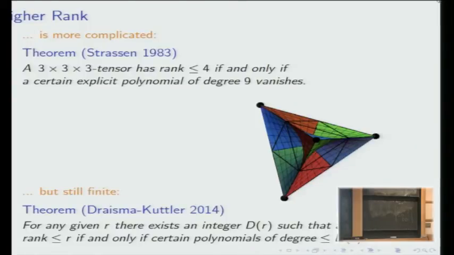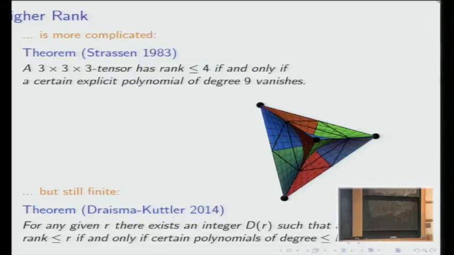However, there's a beautiful finiteness theorem due to Draisma and Kuttler, published this year, that says the following. Suppose you give me any rank r. We fix a rank r. Then there exists a universal constant d, depending only on your r, such that a tensor of any format whatsoever over an algebraically closed field has rank at most r if and only if certain polynomials of degree at most d of r vanish.